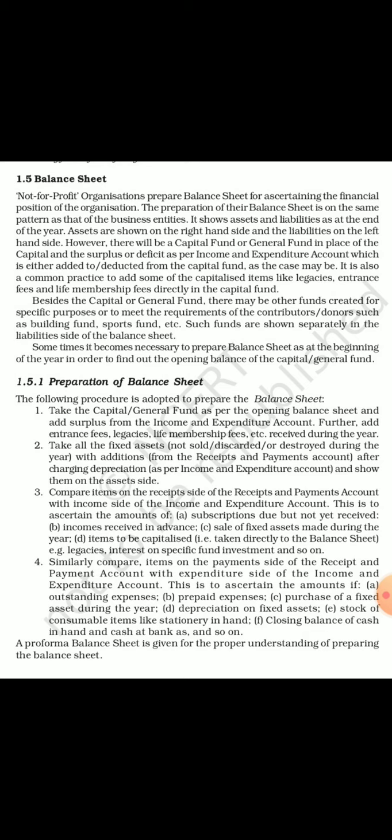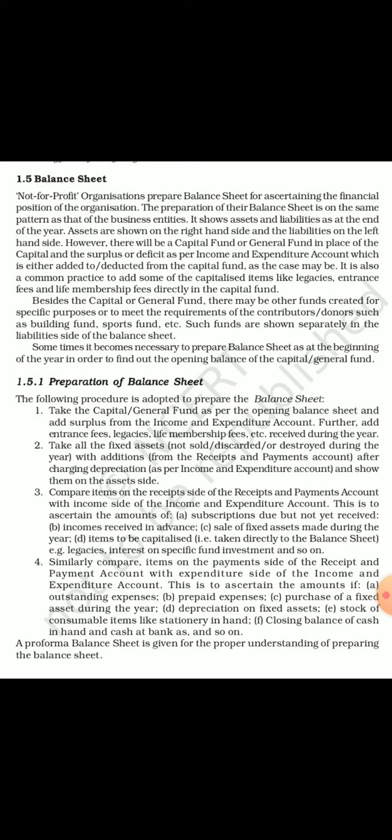Now we are coming to not for profit organizations. In a not for profit organization, the balance sheet is prepared for ascertaining the financial position of the organization. The preparation of the balance sheet is on the same pattern as business entities.